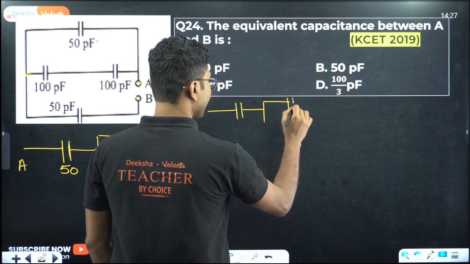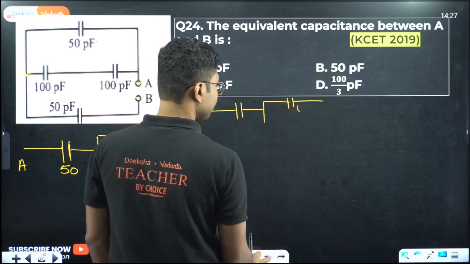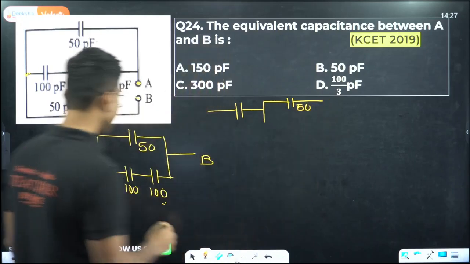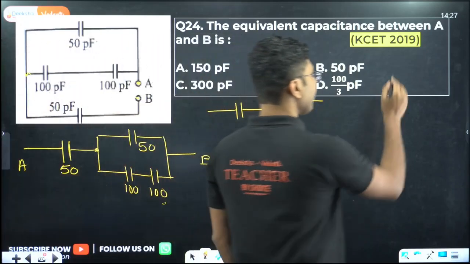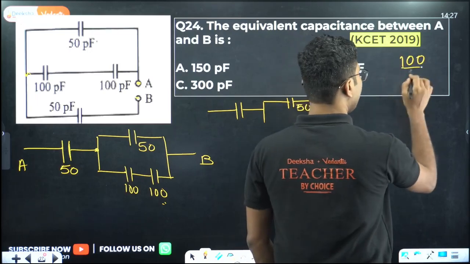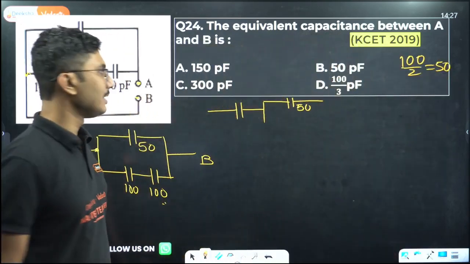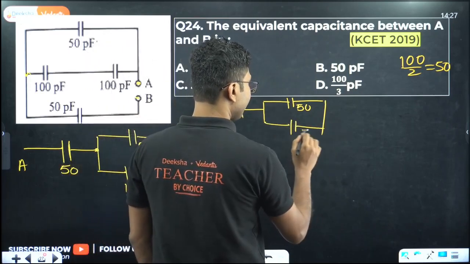Here we have 50. Here we have 50. 100 and 100 connected in series, so the equivalent capacitance is 100 by 2, 50. Two equal capacitances connected in series have an equivalent capacitance of half. So that will be 50.